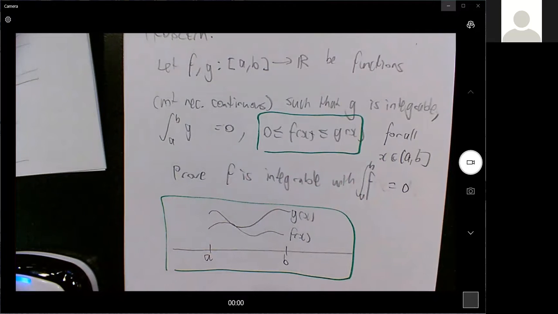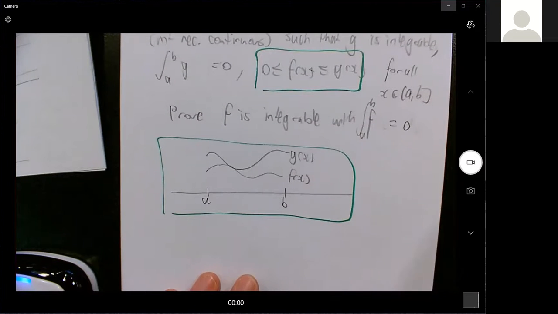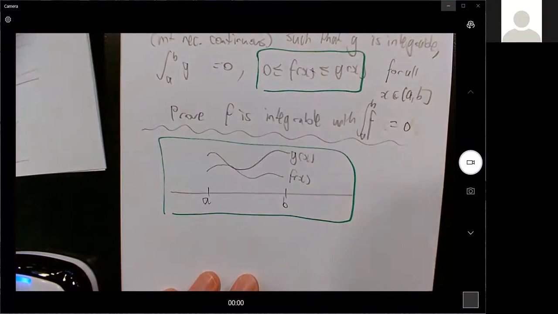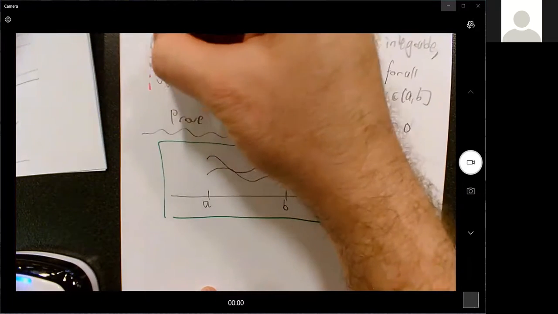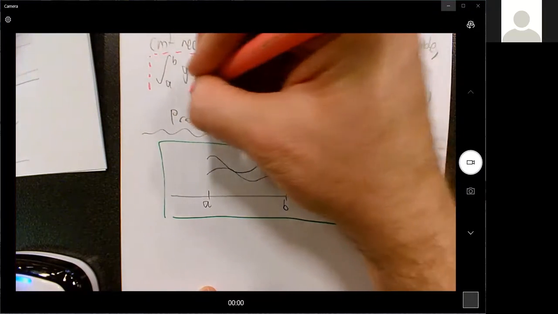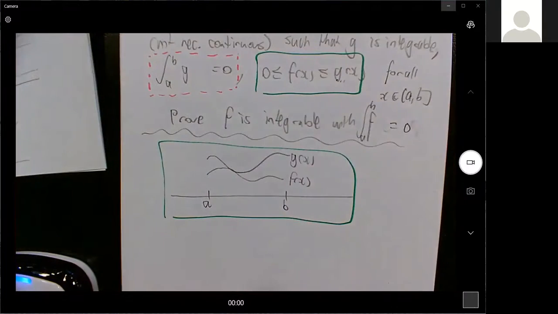That's what that says to me. But this information here would seem to suggest to me that G would have to be always 0.